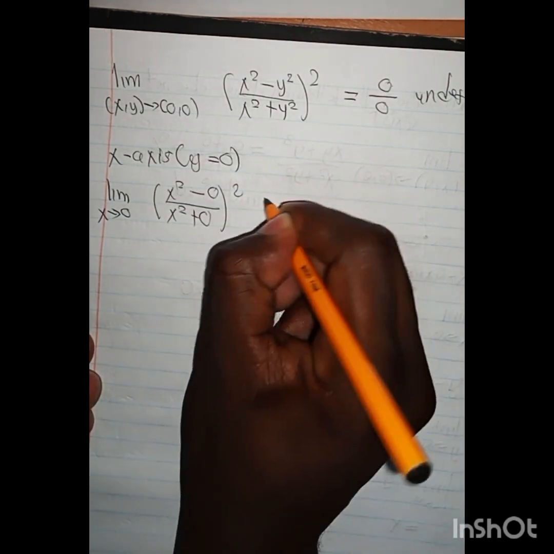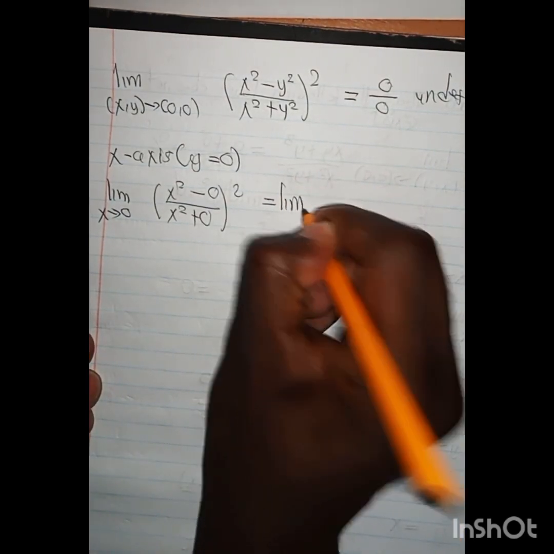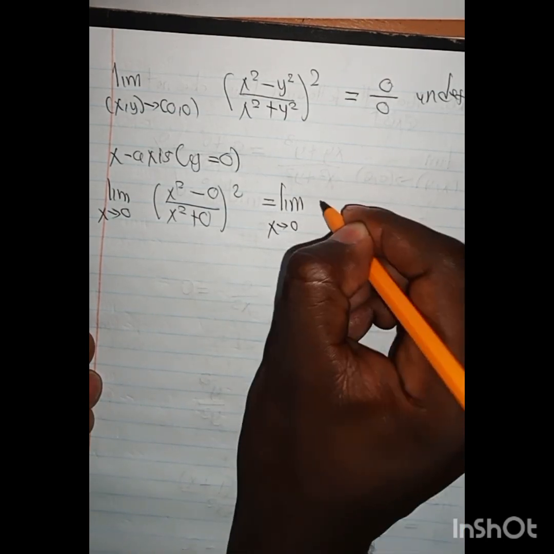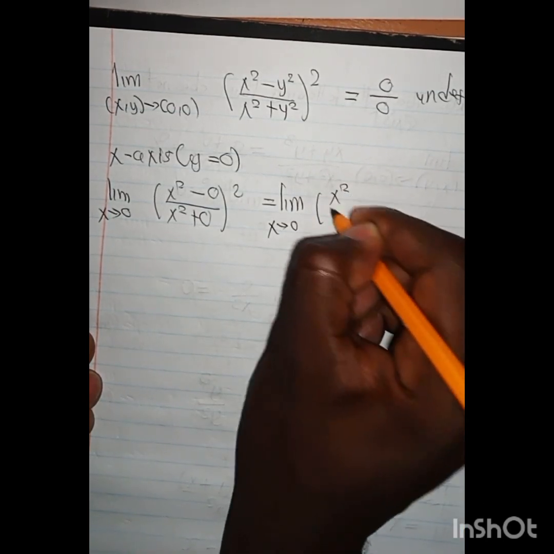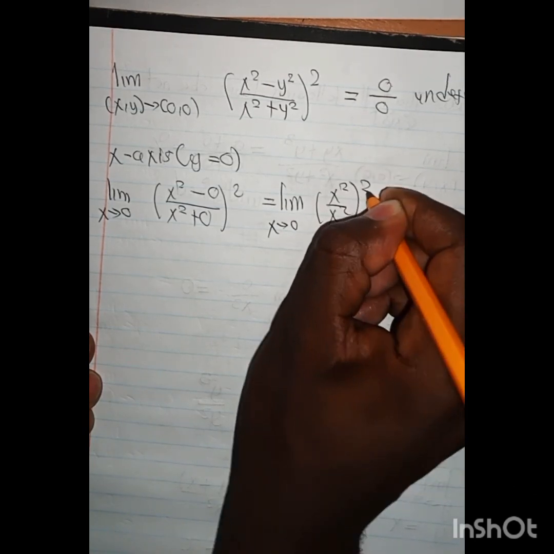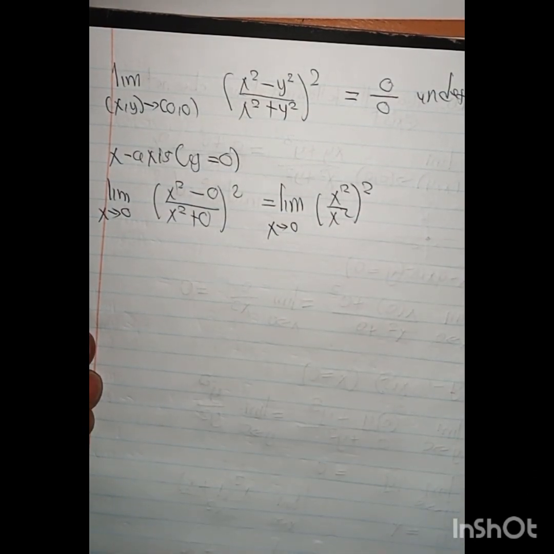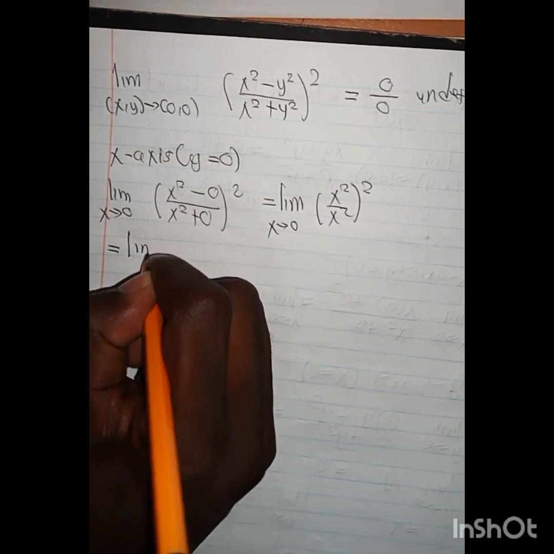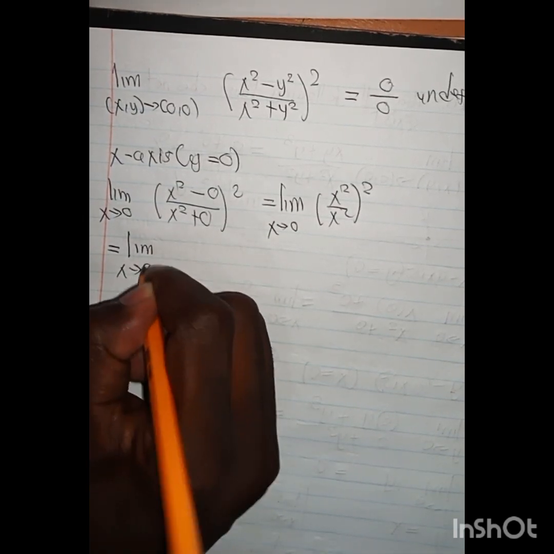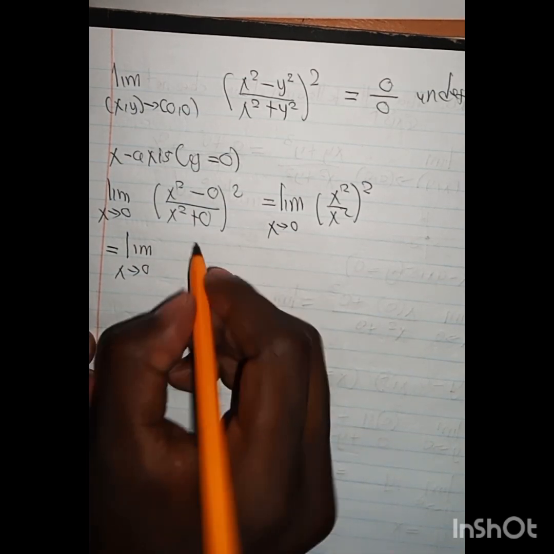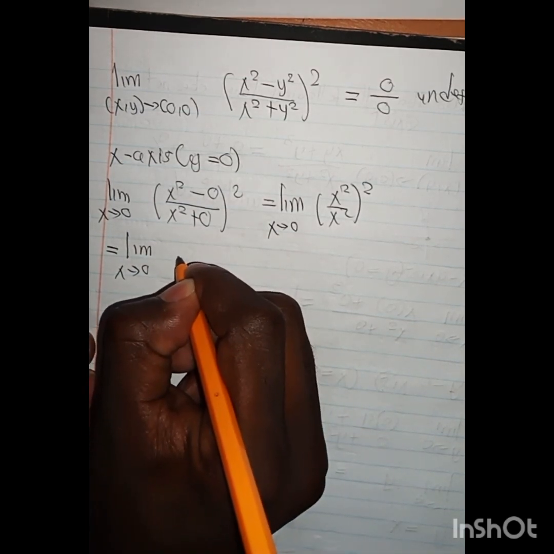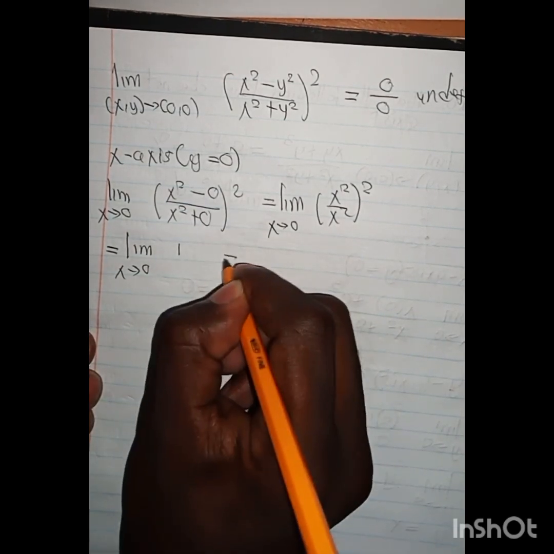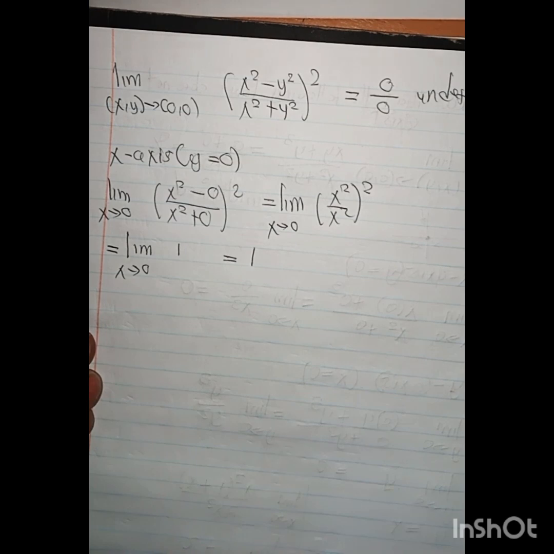This is the same as the limit as x approaches 0 of x squared over x squared, everything raised to the power 2. Then x squared over x squared is the same as 1. It means now you'll have the limit as x approaches 0 of 1. 1 squared is just a 1. And then this is just a 1.